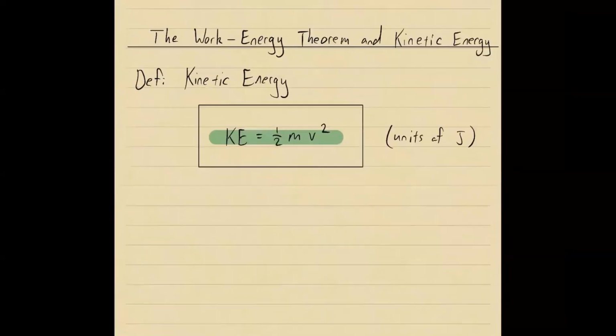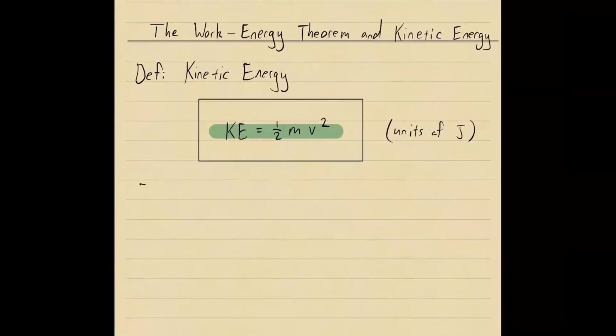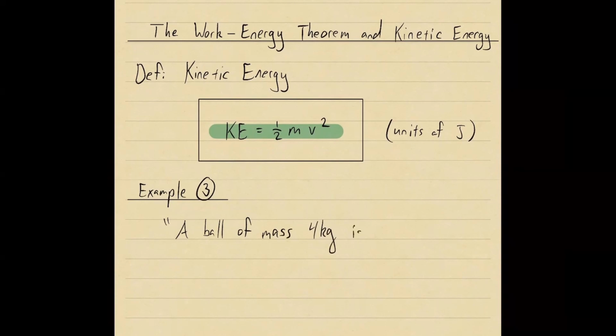So this is going to be example 3. Example 3 says that a ball of mass 4 kilograms is thrown upward with a velocity of 10 meters per second.